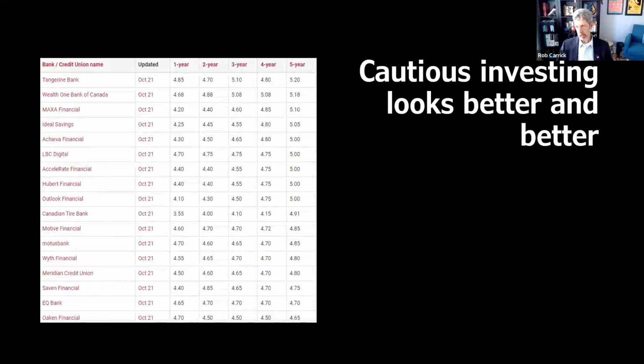People in the investment industry are scoffing at these 5% rates for 5 years. They say you could do better than that in stocks. They say that inflation at 6.9% leaves you with a negative real rate of return after inflation. What I reply to that is inflation is not going to be 6.9% through the whole 5-year term of your GIC.